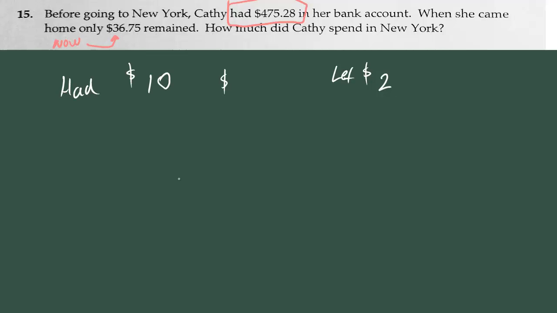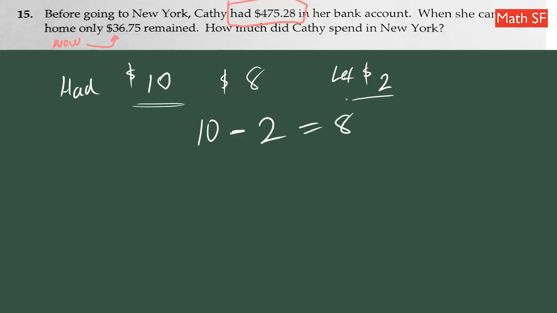Oh, that's easy, I only spent $8. Well, the procedure you made in your head was this: you took the total money that you had, which is 10, and you subtracted the money you were left with, which was 2. 10 minus 2 gives you 8. So that's the same procedure we're going to do for this problem.